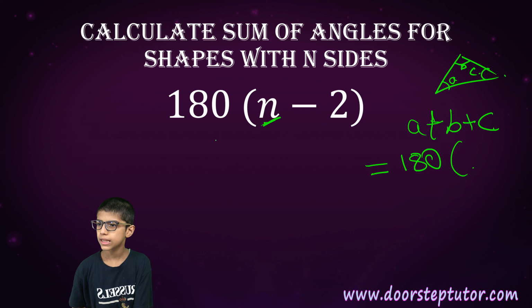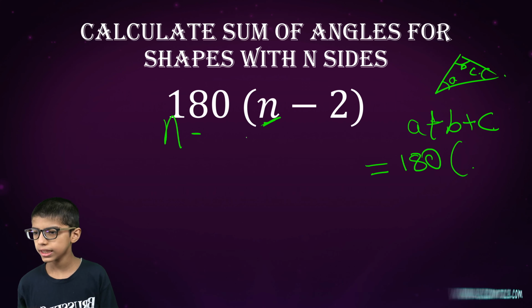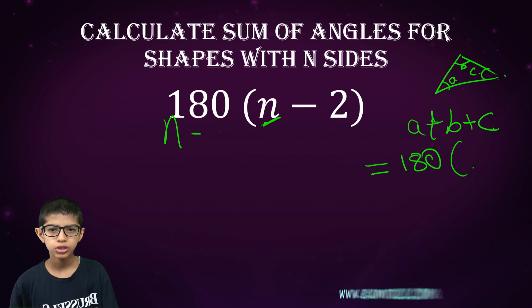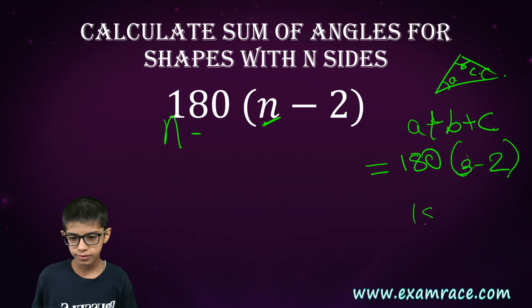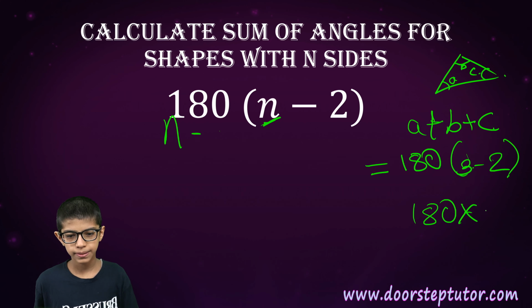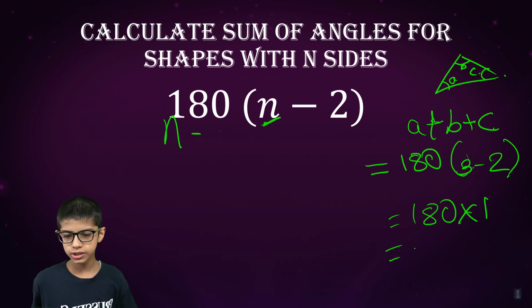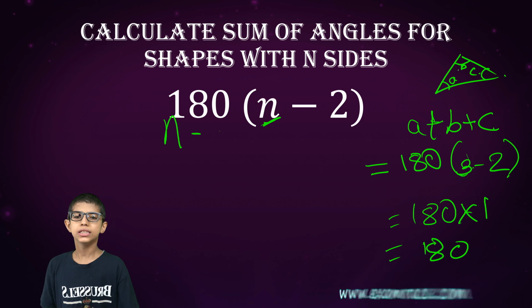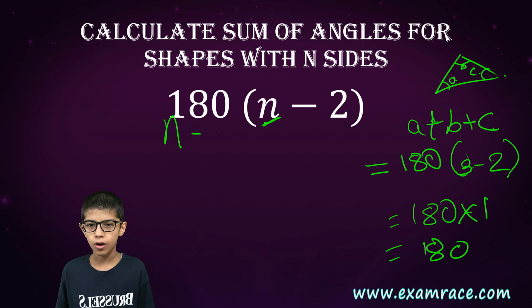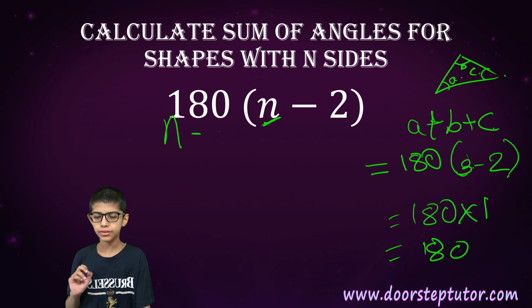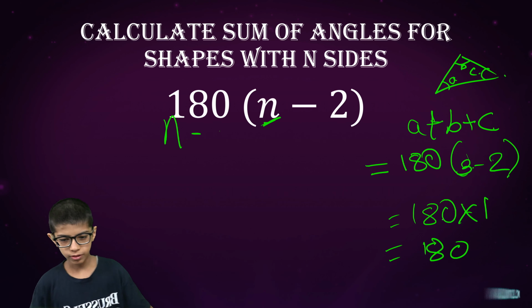Here n is the number of sides, so 3 minus 2. Therefore 180 multiplied by 1, which gives us 180. Therefore the sum of the angles of a triangle would be equal to 180.